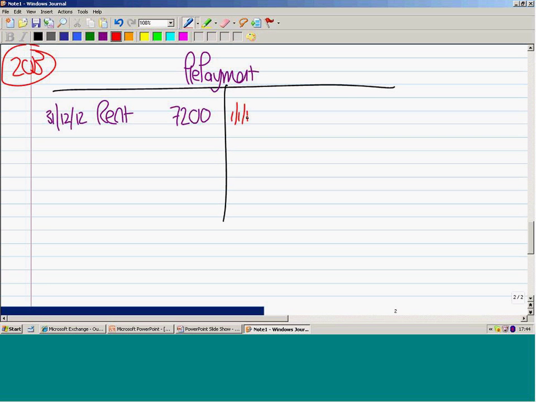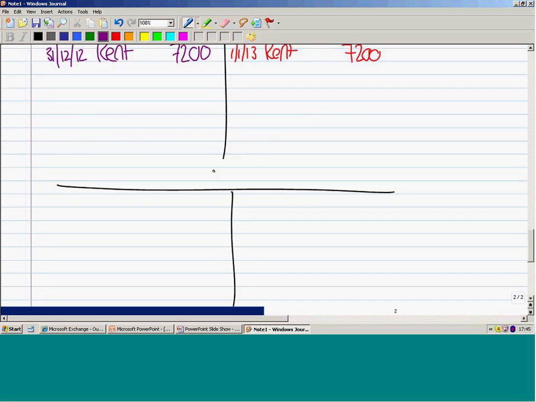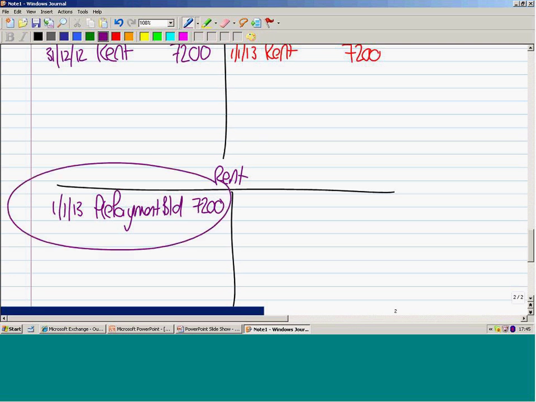On the 1st of January 2013, I'm crediting the prepayment of 7,200 and debiting the rent account of 7,200, and all that means is that we're now accounting for this in the correct financial period.